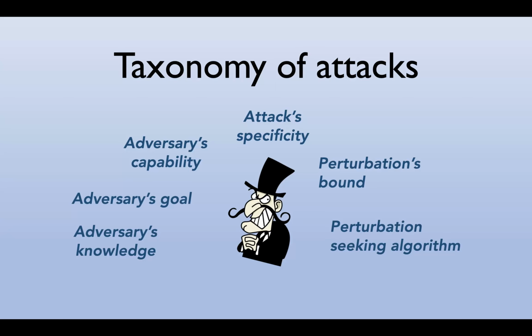We can also specify on the bound of the perturbation. Some perturbations give a bound on the maximum change that can be made. Some of the perturbations bound the number of pixels that can be changed, and so on. And also we can classify according to the perturbation seeking algorithm.